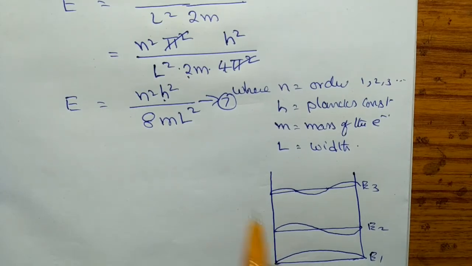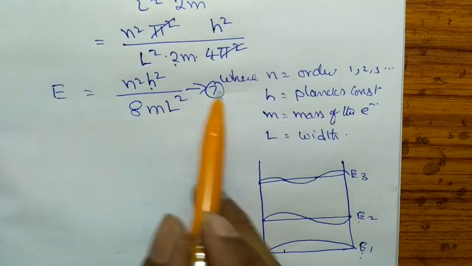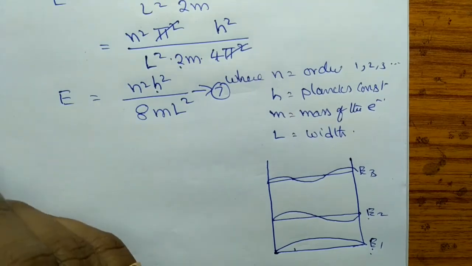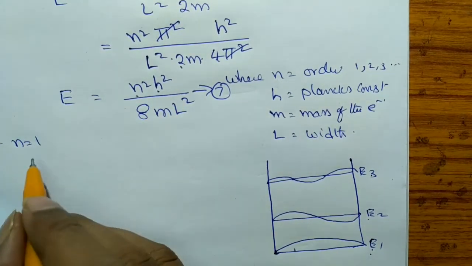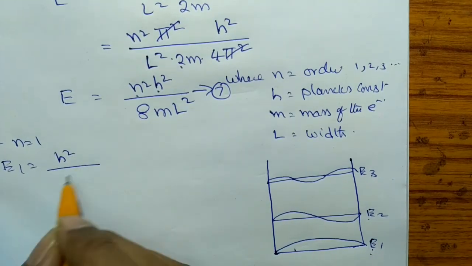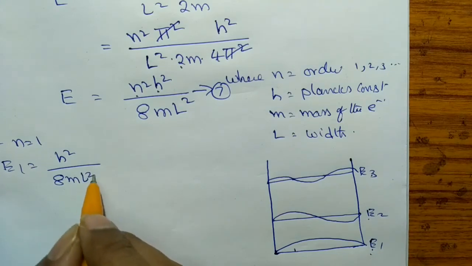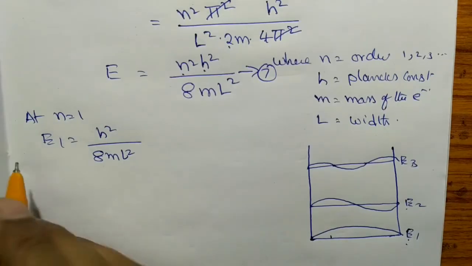In the potential well, it develops different discrete energy levels like this. This is the ground level E1, this is E2, this is E3. Of course, this is equation number 7. At n equal to 1, at first order, E1 is equal to h square by 8 m L square.